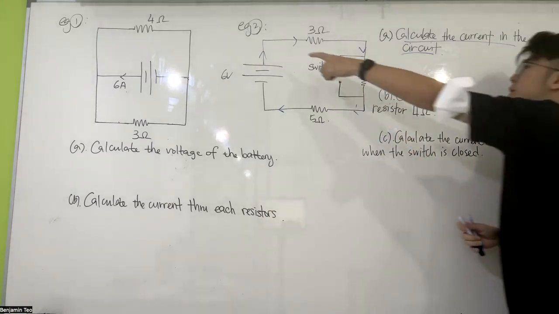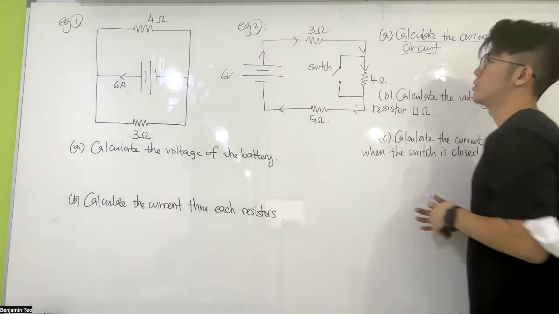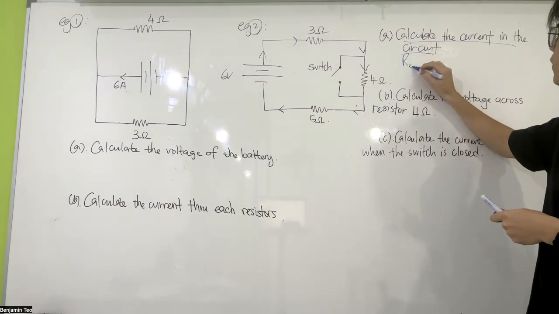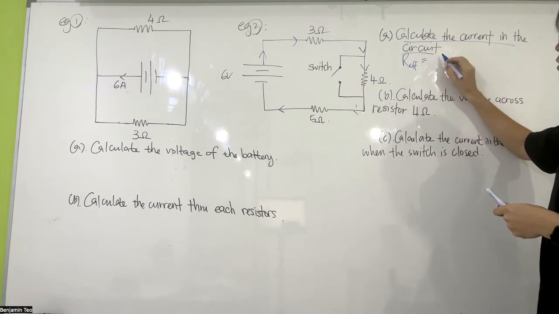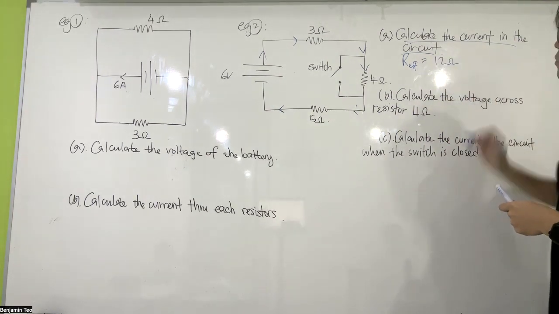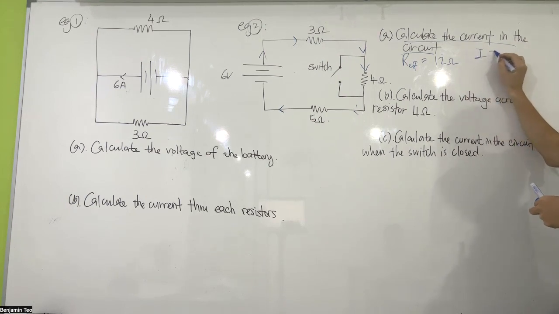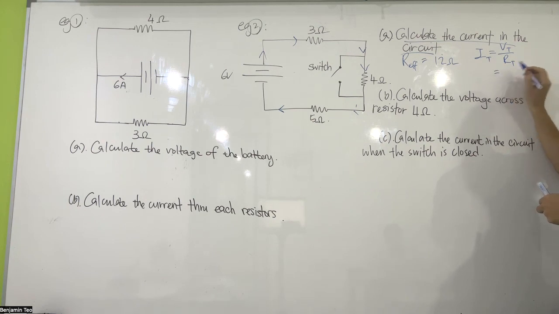So since current flows in the outer circuit, what is your effective resistance? R effective, in ohms. V total divided by R total is 6 divided by 12, 0.5 amps.